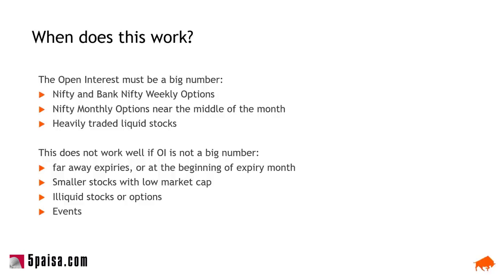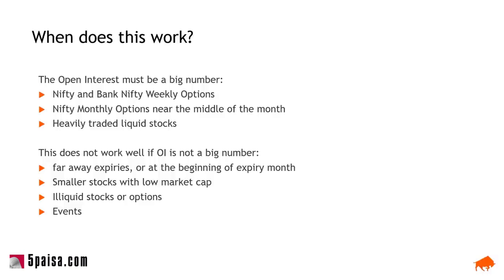Also, one significant thing: it's not a great idea to base your decisions purely on open interest analysis when there are events, especially stock results. I've seen a couple of times that Reliance, for example, had huge call open interest build up before a result, and it broke a 5% mark to the upside the next day.